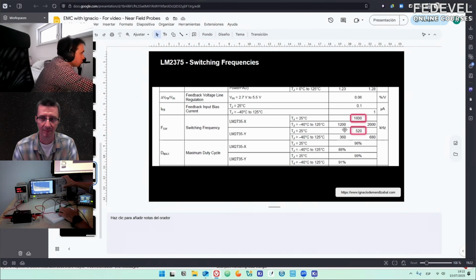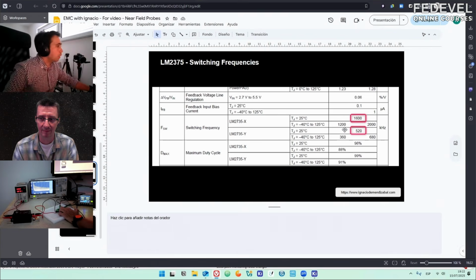What happens if we measure the next one? Here we see 1.03 mega. So it's a harmonic. And this is one of the main challenges of EMC: you need to look not only for the main frequency, but for the main frequency and all its brothers, all the harmonics. And they can go really, really far.